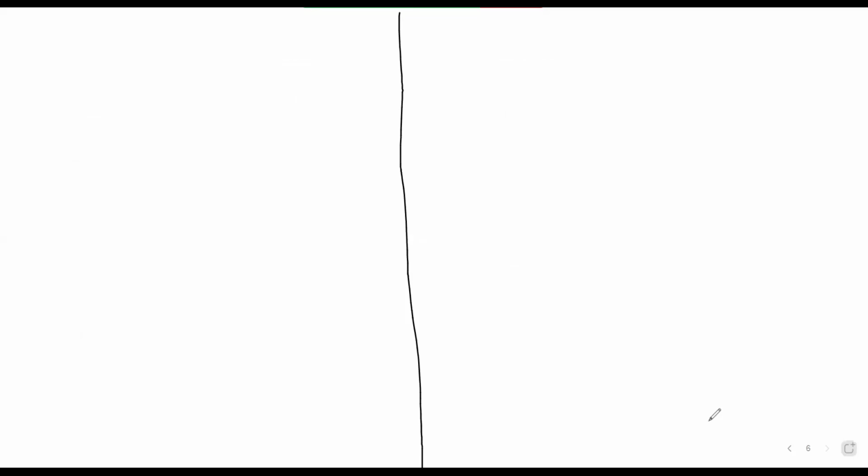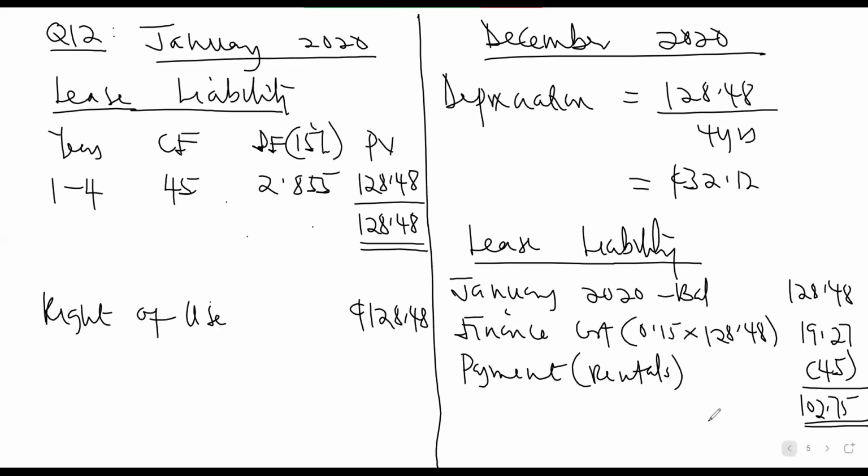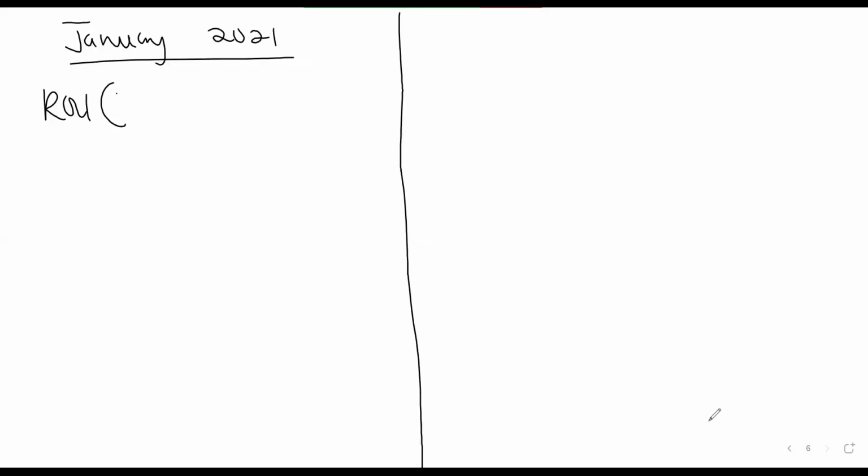Let's go to the opening balances for the current year, which is 2021 that they are talking about. So January 2021, our right of use balance will be what? What will be the value of the right of use? That will be 128.48 minus 32.12. We have used 1 year already, so remaining 3 years.